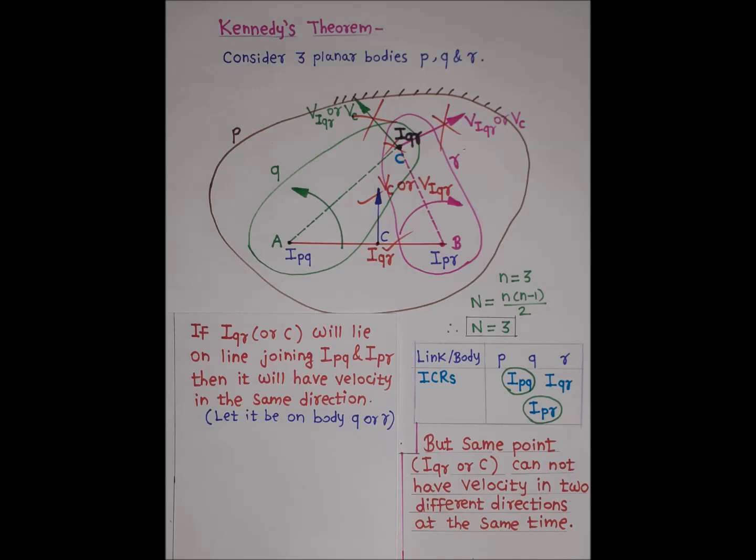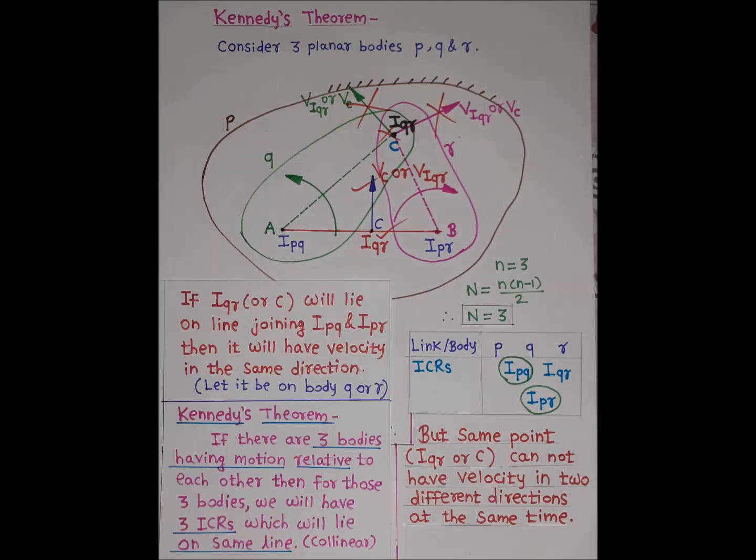Hence, we can conclude if IQR will lie on line joining IPQ and IPR, then it will have velocity in the same direction. Means if there are three bodies which are having relative motion with each other, then for those three bodies we will have three ICRs, and those three ICRs will lie on same line, or those three ICRs will be collinear. This is known as Kennedy's theorem.